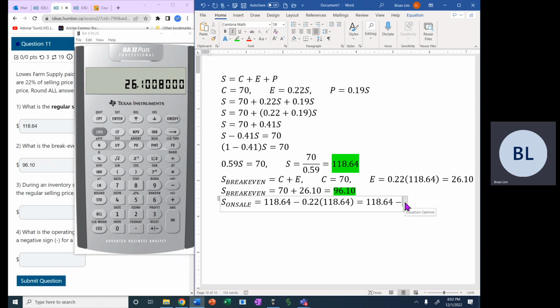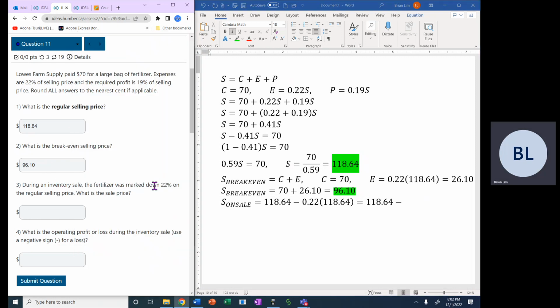I think that sounds familiar, doesn't it? Yes, that was indeed the expenses. It's marked down 22%, and that happens to coincide with the expenses. That is why that number was quite familiar.